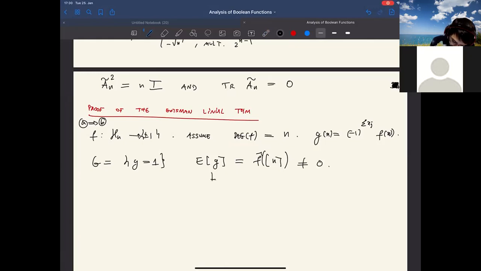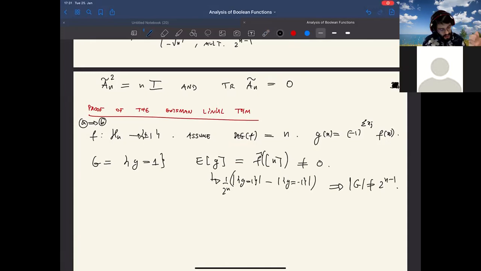Okay, but what is this? Well, this is exactly the number of points which are 1, minus the number of points which are minus 1, times 1 over 2 to the n. That is, the size of G at 1 minus the size of G at minus 1. And since this is not 0, that means that the size of G is not 2 to the n minus 1.